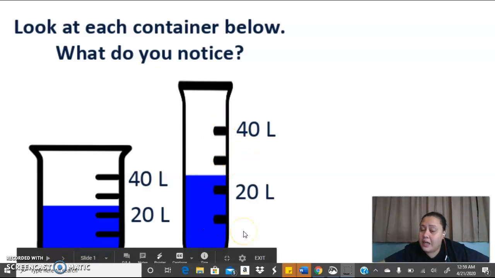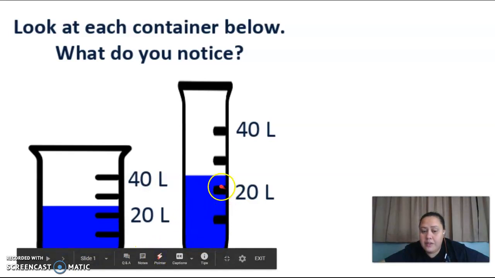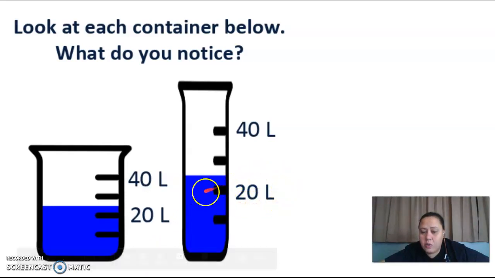It's definitely not counting by ones, because if this marker right here is 20 liters, and then this marker, we don't know what it is, and then the next one jumps to 40, there's no way that we were counting by ones.